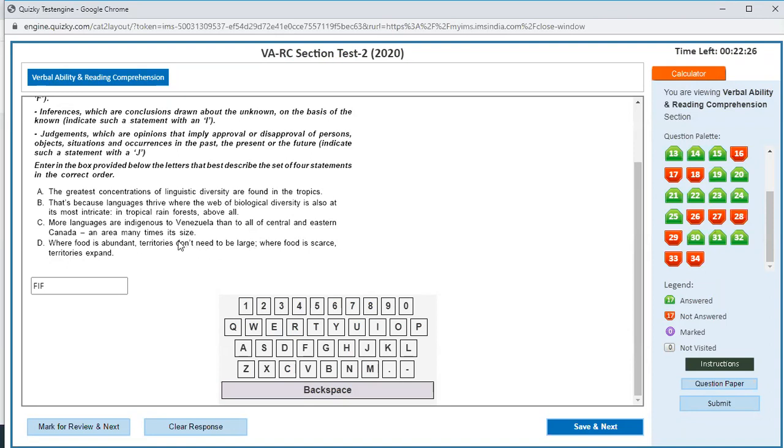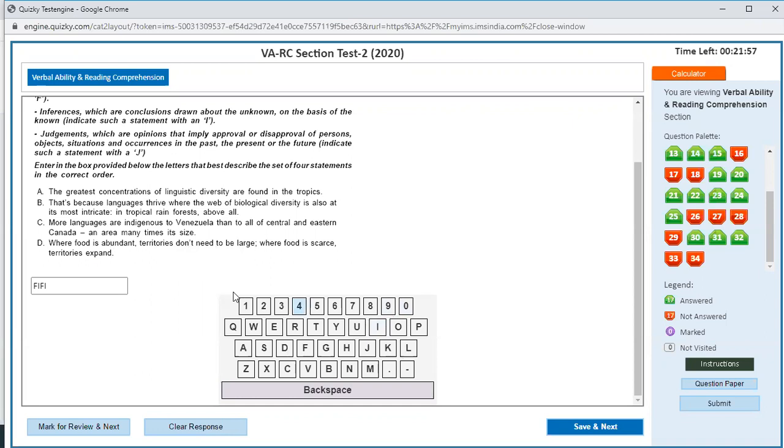Okay, it's not like they are not large. So it seems to be an opinion. Where food is scarce, territories expand. Where food is abundant, territories don't need to be large because where food is scarce, territories expand. Okay, it's not an opinion for sure. Fact में confusion है और fact नहीं है क्योंकि territories don't need to be large. Okay, I'll mark this as an inference.